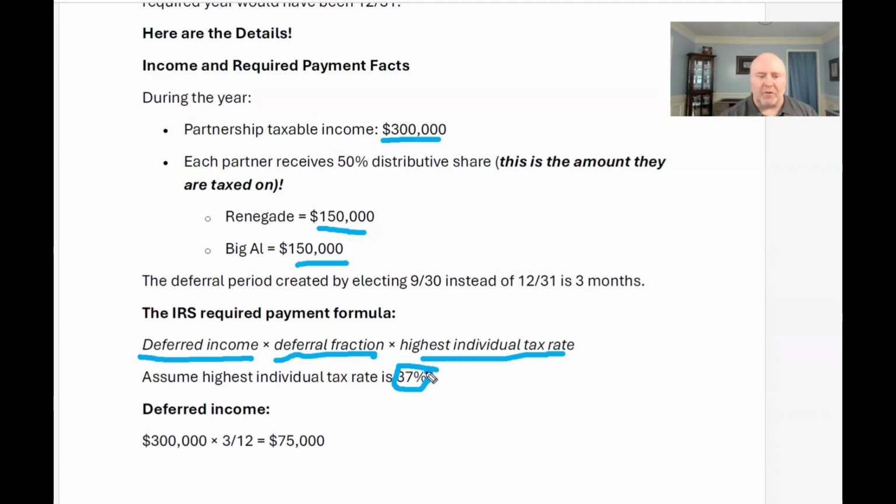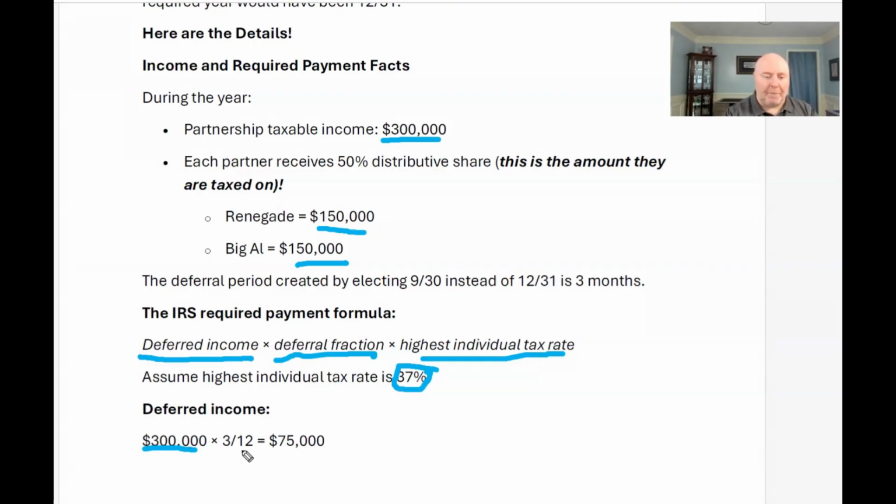But we're at 37%. So what's going to happen is we're saying, okay, the partnership taxable income is going to be $300,000 times the deferral fraction, which is going to be 3/12 of that $300,000. Why? Because they're going to be taxed on this $300,000, but they're not going to pay taxes because they've deferred it for 3 months.